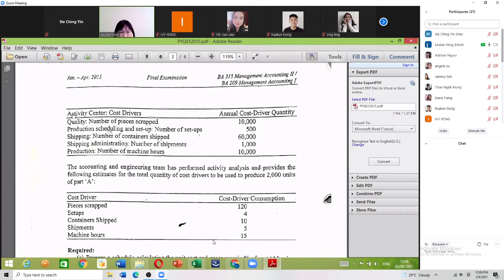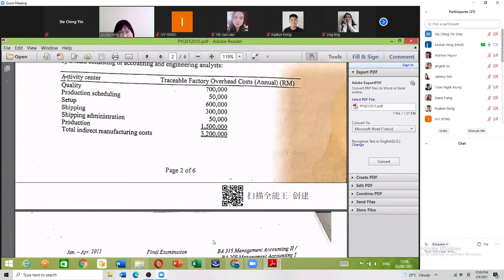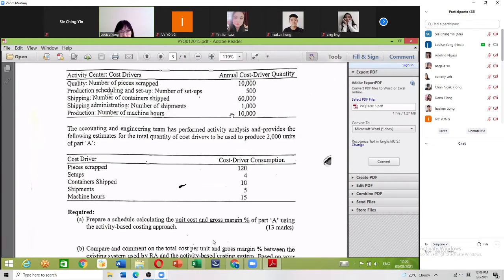Quality uses number of pieces scrapped, 10,000 for the whole year. Production scheduling and setup use number of setups. Shipping uses number of containers shipped. Shipping admin uses number of shipments. Production uses number of machine hours. So the activity cost centers are already matched with the activity cost drivers.